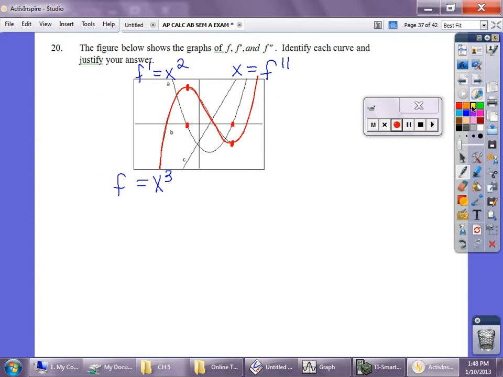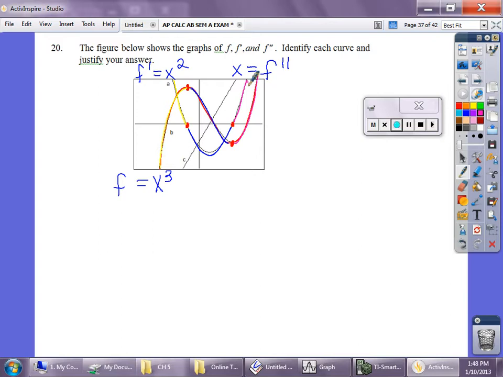The function increases here, which is why the derivative is positive during this piece. The derivative here is negative, which means that we would go below the axis for the derivative graph. And then the last piece here is increasing, which means that the derivative is positive, which is why it's above the graph.